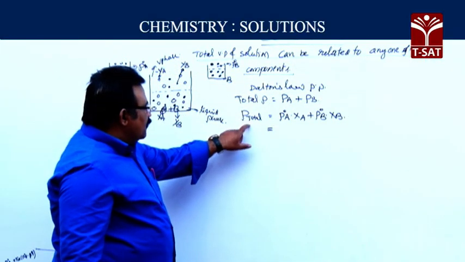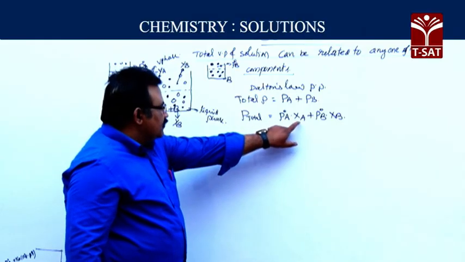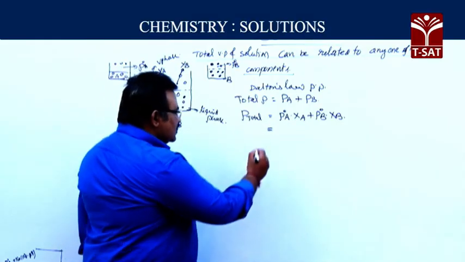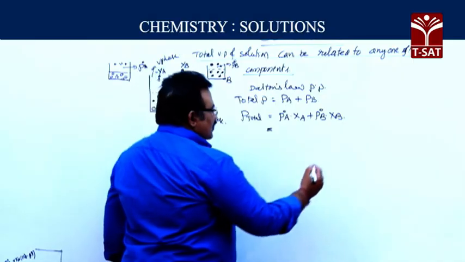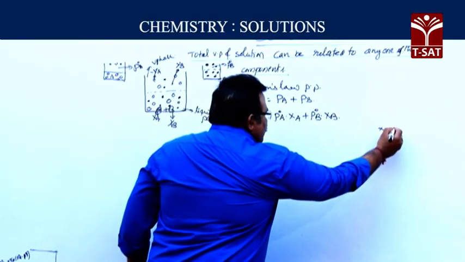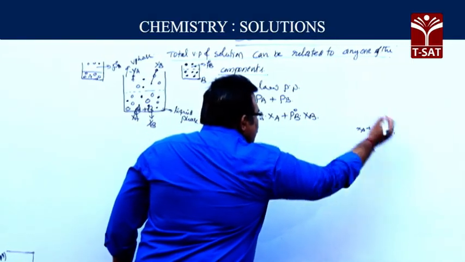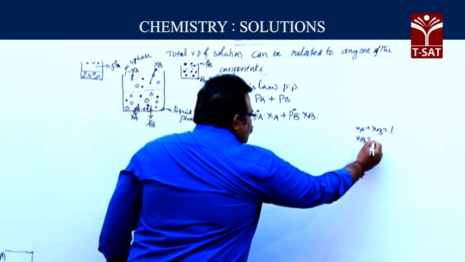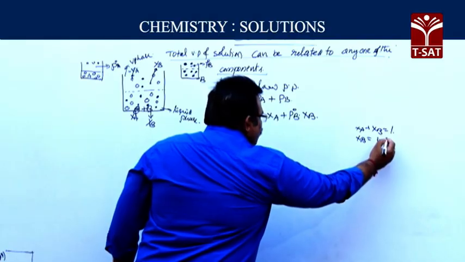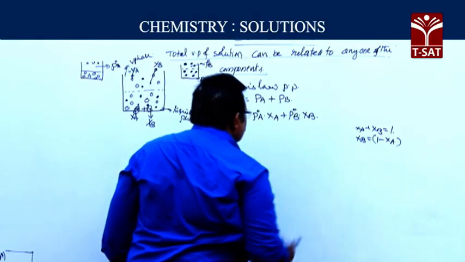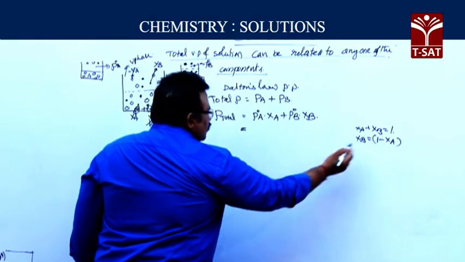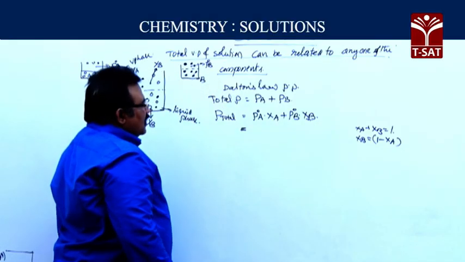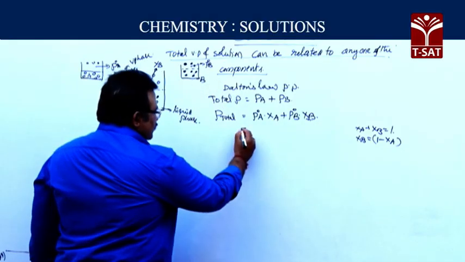So, if the total pressure with respect to mole fraction A is considered, if XA plus XB is equal to 1, then XB becomes 1 minus XA. So, substitute 1 minus XA instead of XB.